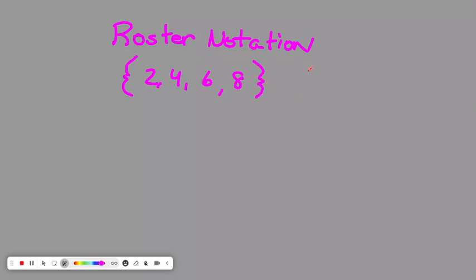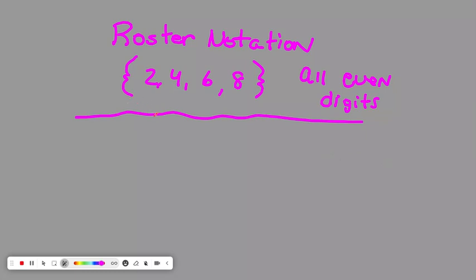And maybe this was all even digits. That's all the even digits, 2, 4, 6, 8, in roster notation, just with the braces and so forth. And it's finite. We know it's finite because that's all there is. Now, infinite is hard to put into roster notation. So that's why you can use another notation called interval notation.